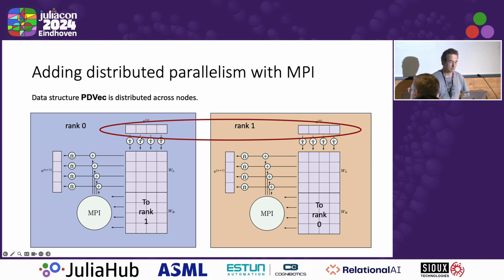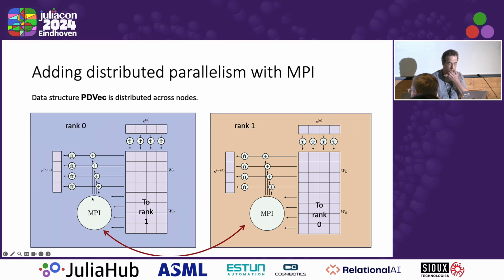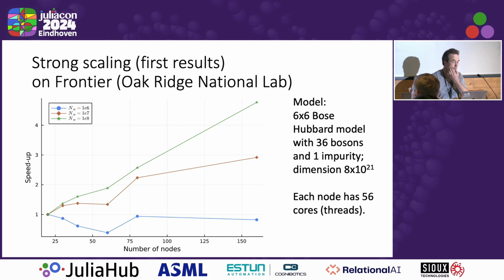We distribute all the data across the different nodes of our high performance supercomputer, and then use MPI in every time step to communicate things. It took us a while to figure out how to do this well.